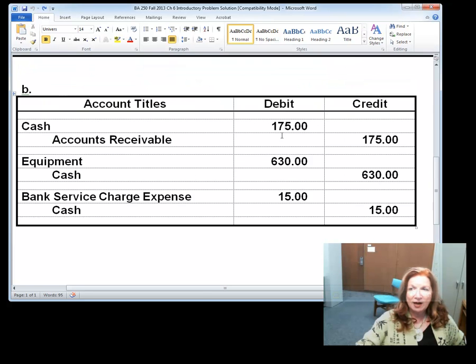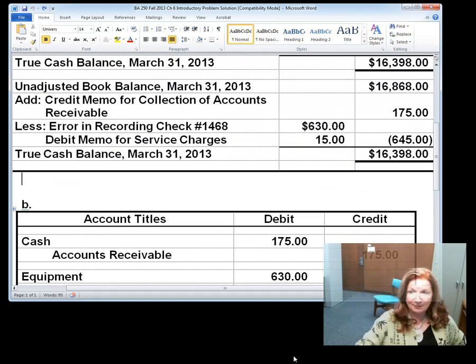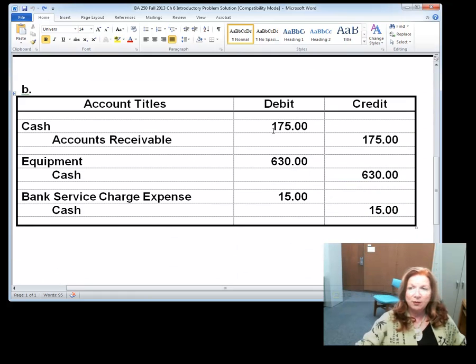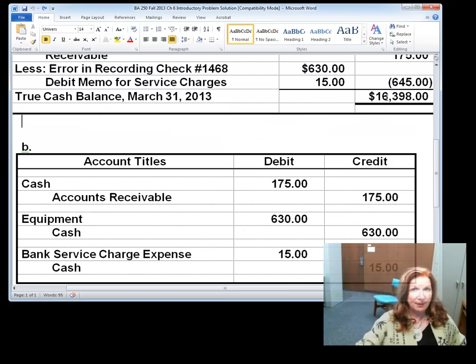Now what I like to do when I'm working a problem like this is put in that $16,868 as a debit to cash, and then I want to post this debit to cash, this credit to cash, and this credit to cash, and make sure I come to this number.